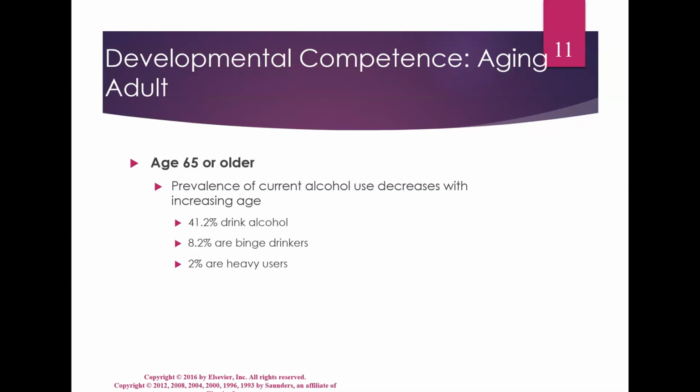Aging people lose muscle mass, so they can't absorb it and distribute it through their body. And then you'll find that a lot of older people tend to be on medicines that interact adversely with alcohol.